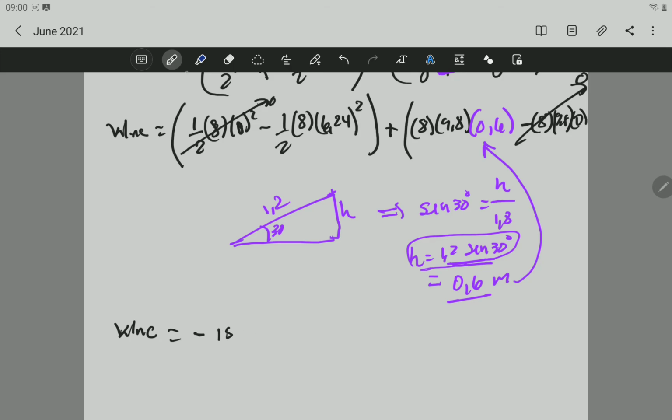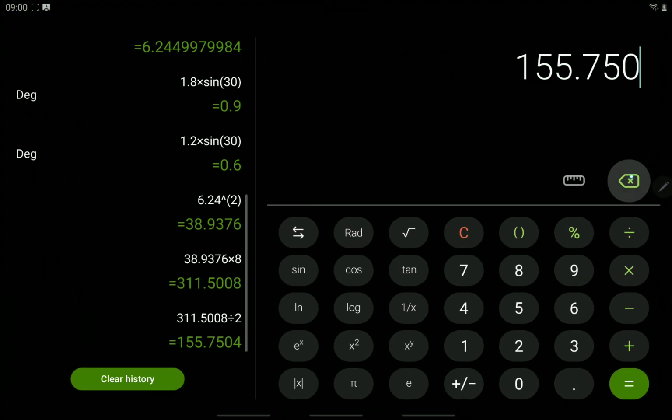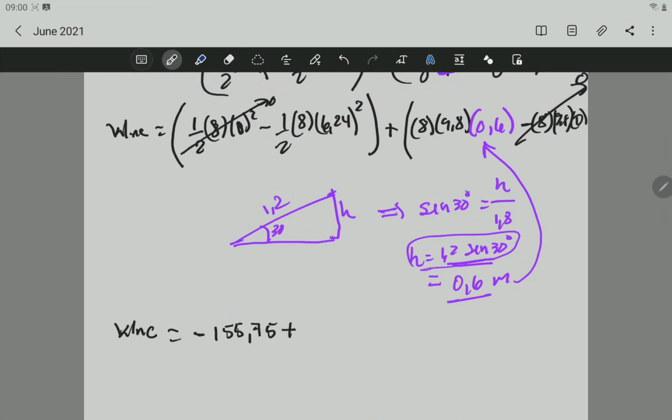Sorry for the eraser. 155.75 plus 8 times 9.8 times the height, which is 0.6.